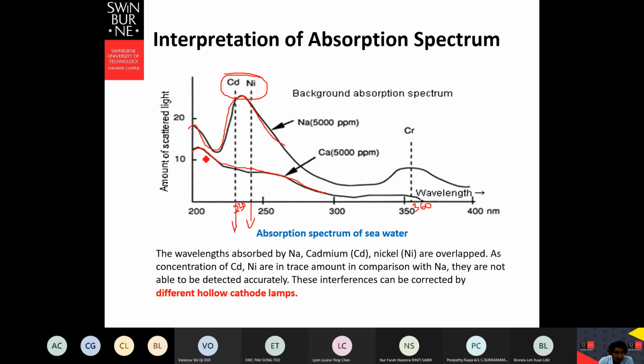So if we do this, we will find how much cadmium and nickel is in the sample. Also, we can find how much chromium is in the sample if we use a cathode lamp that produces 360 nanometer wavelength of light.